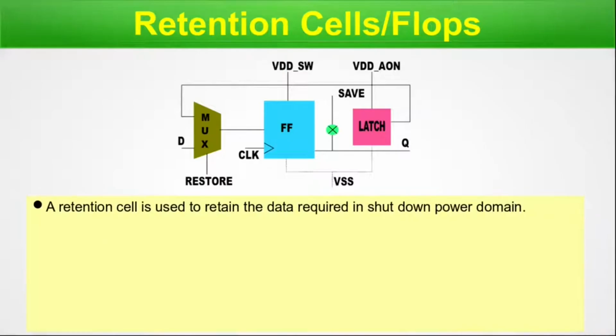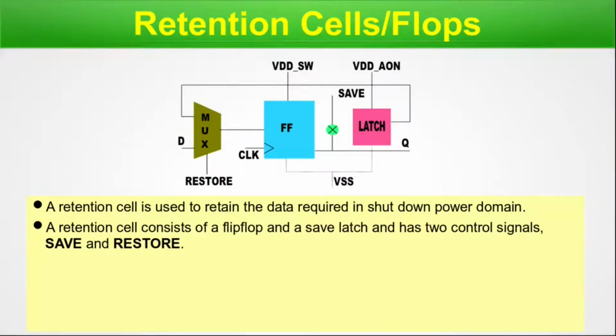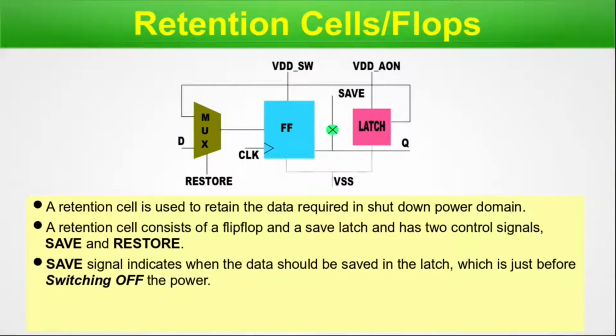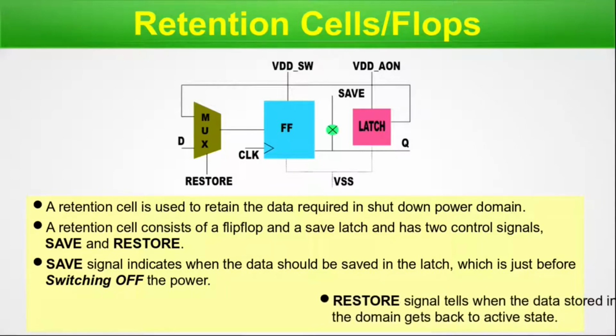A retention cell is used to retain the data required in a shutdown power domain. A retention cell consists of a flip-flop and a save latch and has two control signals, that is save and restore. The save signal indicates when the data should be saved in the latch, which is just before switching off the power.